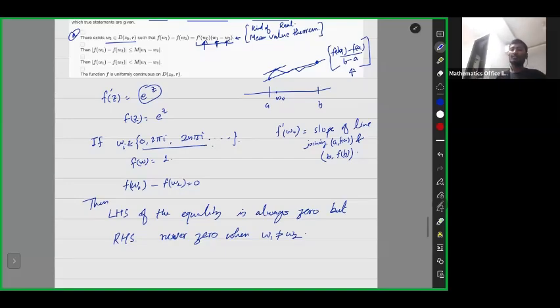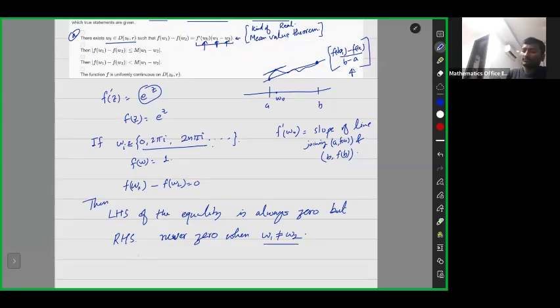We are asking w1 not equal to w2, and we want something in the disk where they become equal. But nowhere in the disk does a w naught exist such that RHS becomes 0. You understand this counterexample?